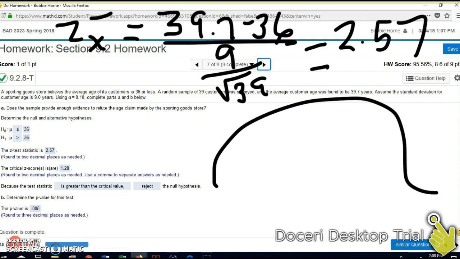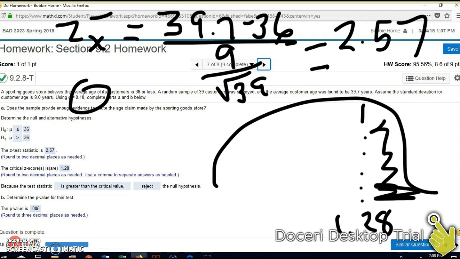If you look up alpha 0.10, a right tail test, our critical value is going to be 1.28. So if it's greater than that, we're going to reject it, and 2.57, our test statistic would be greater than. So it is in the rejection area.